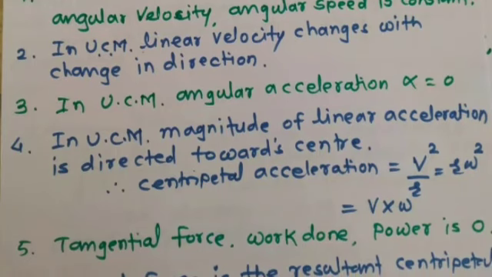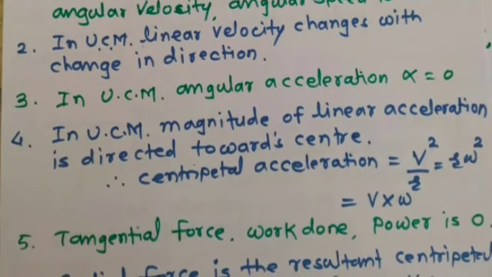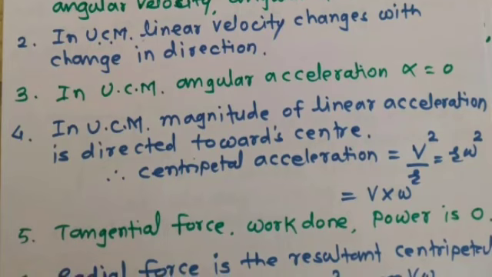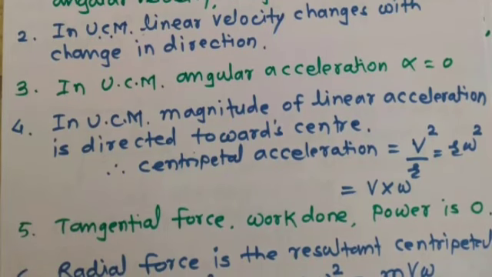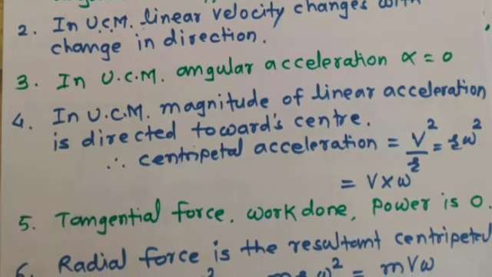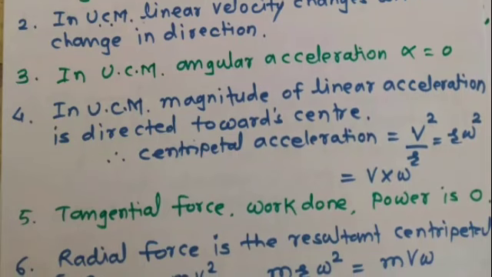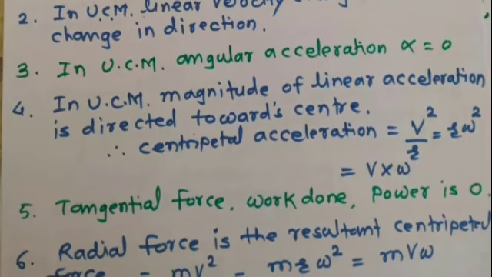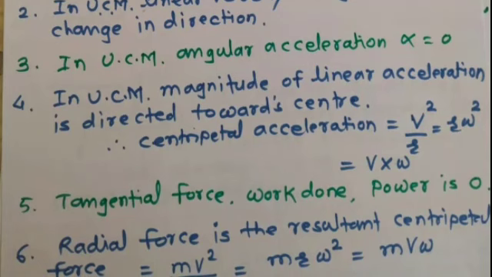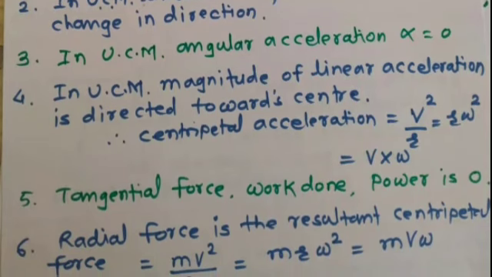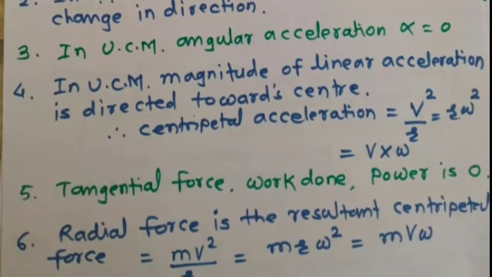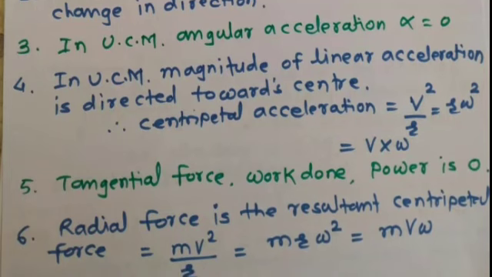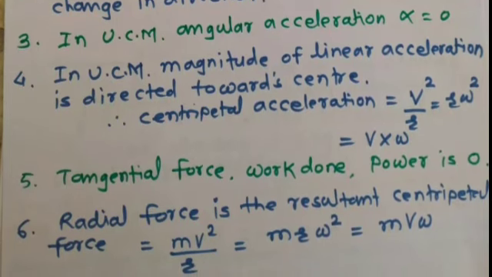Tangential force, work done and power in uniform circular motion are 0. Radial force is the resultant centripetal force, equal to m v square upon r, or m r omega square, or m v omega.